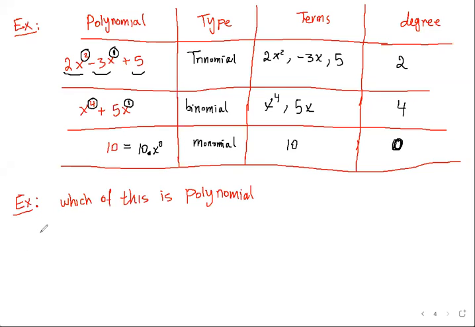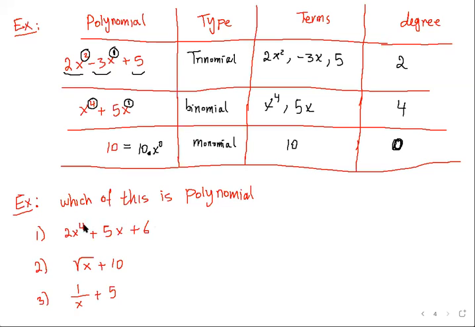For example, first one, 2x to the power 4 plus 5x plus 6. Number 2, square root of x plus 10. Number 3, 1 over x plus 5. Which of them is a polynomial and which is not?